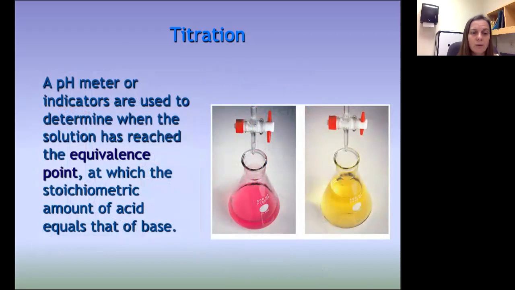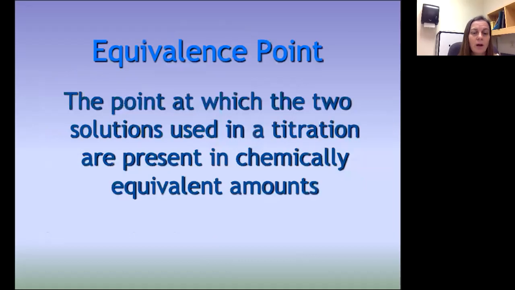So the equivalence point is the point at which stoichiometrically equivalent amounts of acid and base have been combined. So the two solutions used are present in chemically equivalent amounts. It's important that you recognize that this is not necessarily neutral.